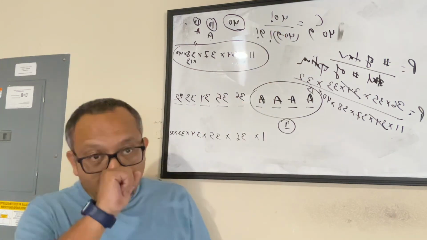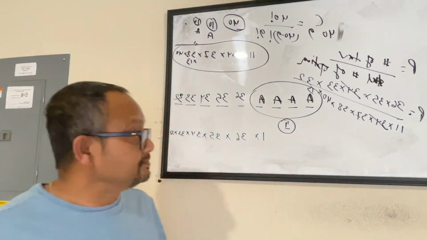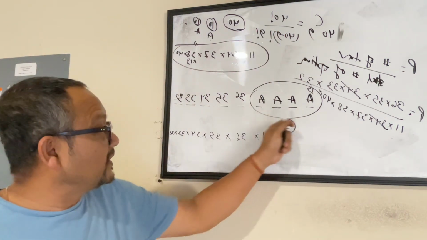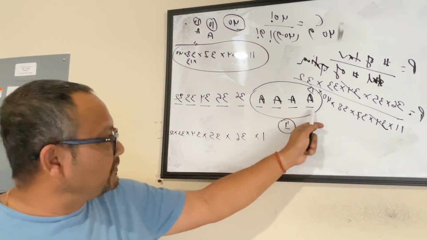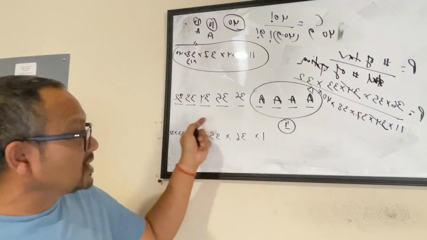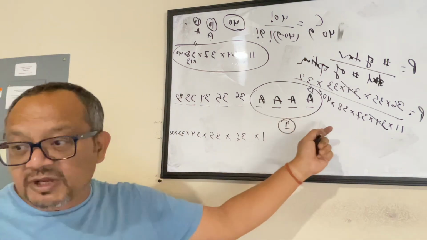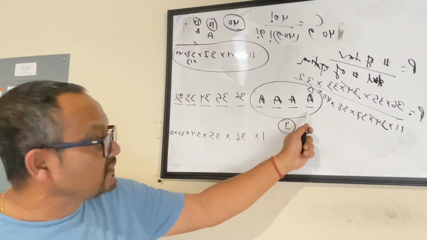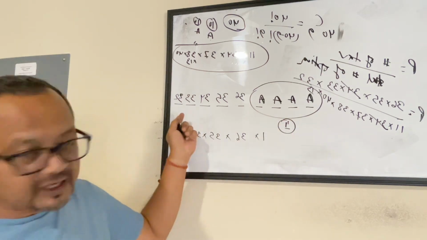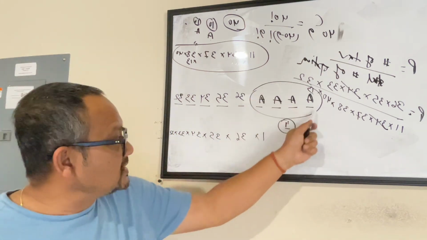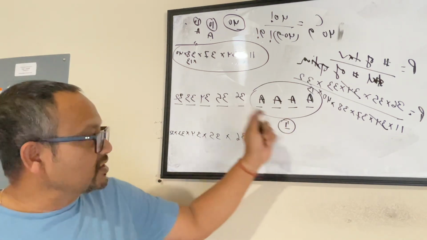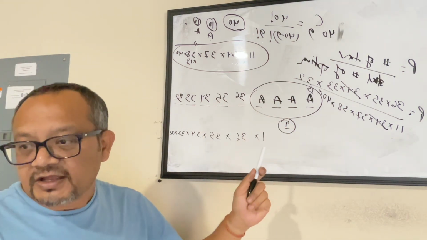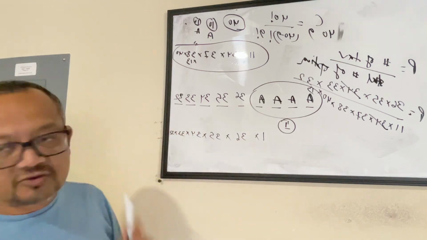For the total number of favorable outcomes, you have to look at how many positions you have to fill, and in how many ways you can fill each position, and you go on multiplying them. Since filling all 4 A's here was only one option, you have no other choice but to go this way.